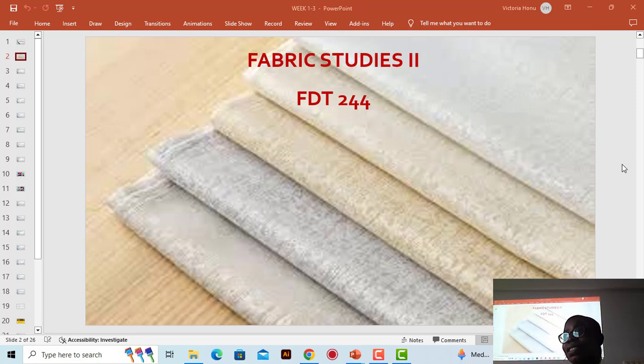Textile products, shirts. He's only mentioning a part of it. Only one thing. All of them fabric.